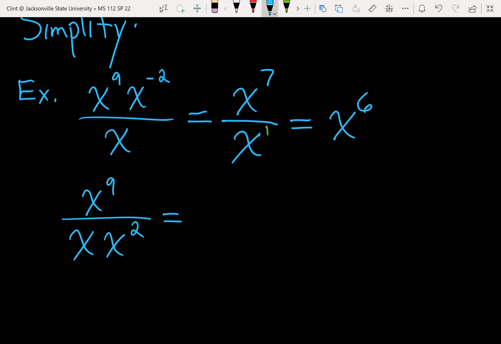And on the bottom, we've got exponents of 1 plus 2, so 3, and we've got exponents of 9 minus 3, so 6, so that's fine. There's not just one way. As long as each little step you're taking is sound, you'll get there.